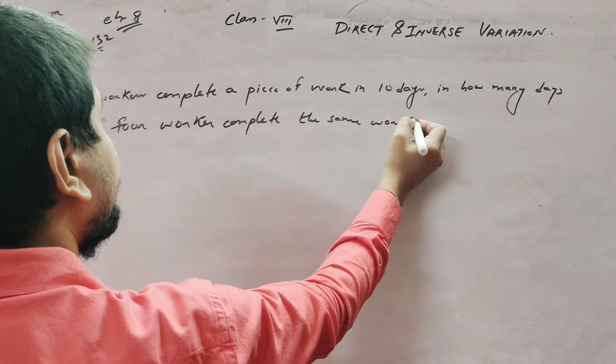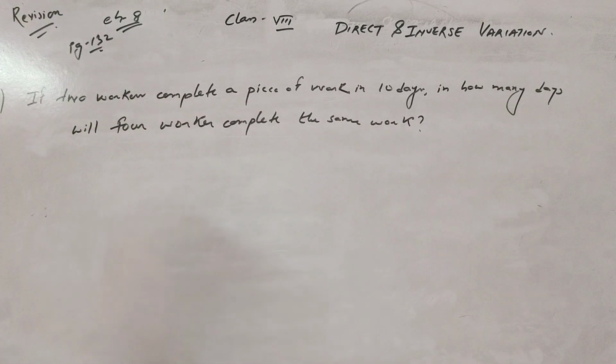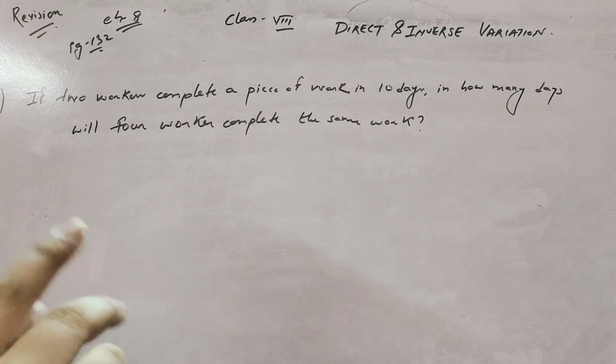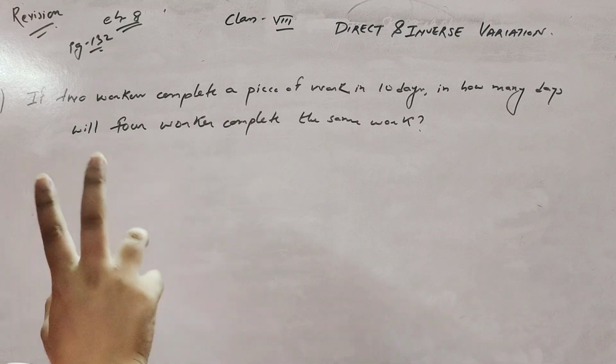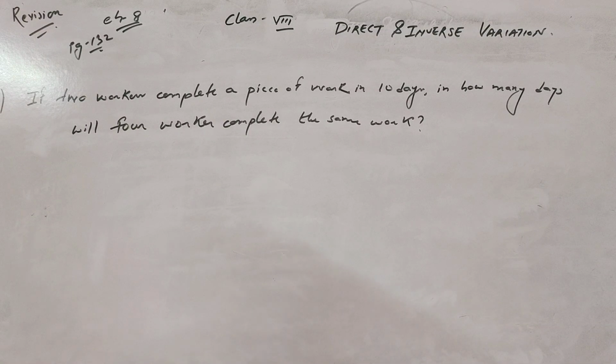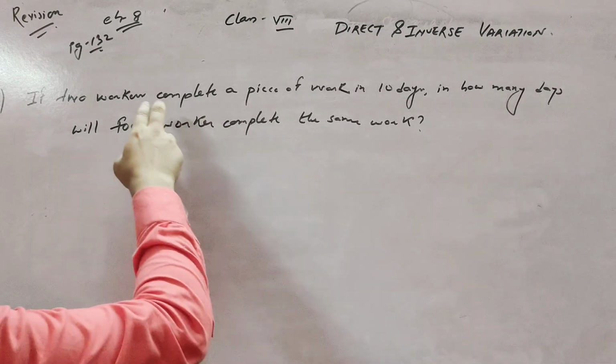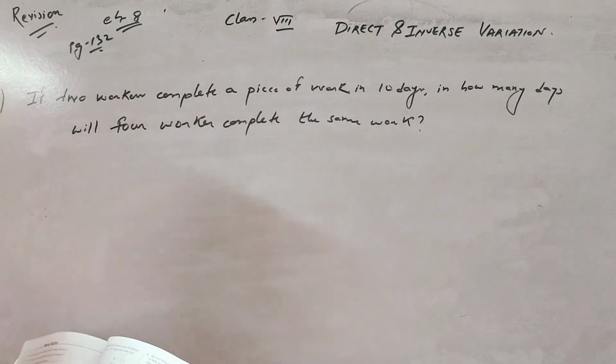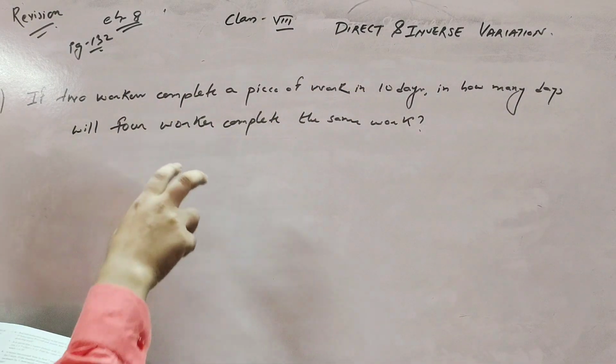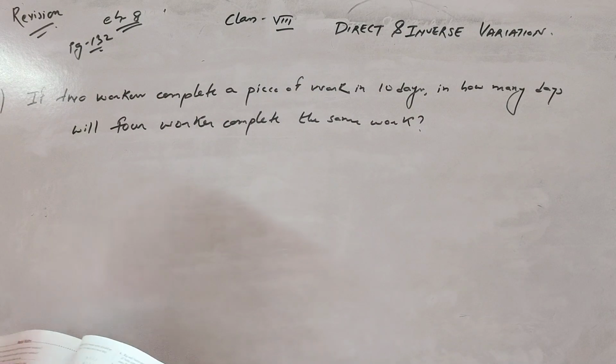You see, if 2 workers complete a piece of work in 10 days, that means 2 workers complete the whole work in 10 days. In how many days will 4 workers? When 2 workers complete a work in 10 days, 4 workers complete the work before 10 days.